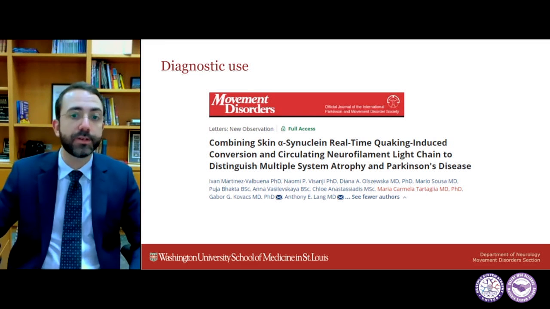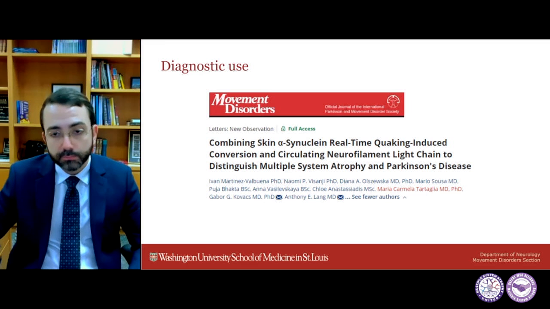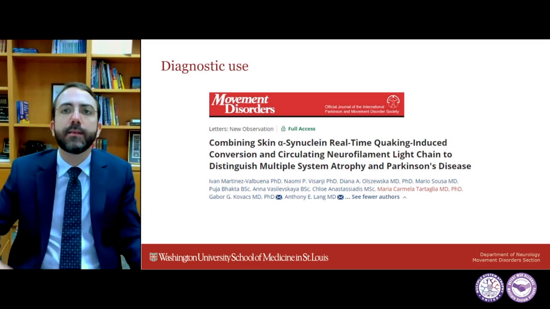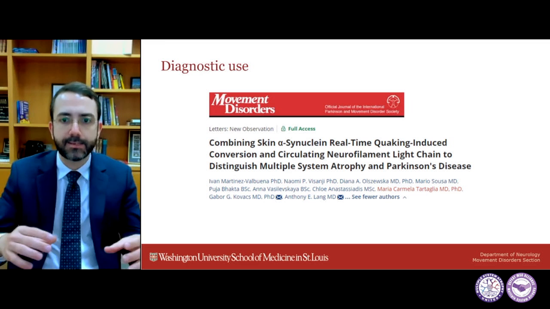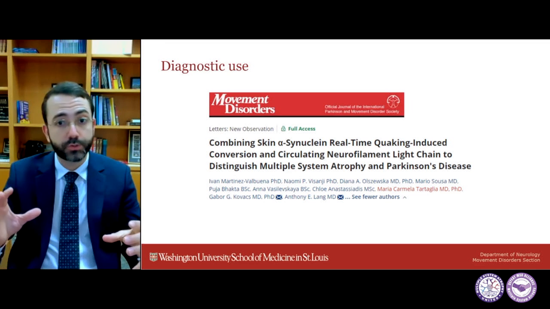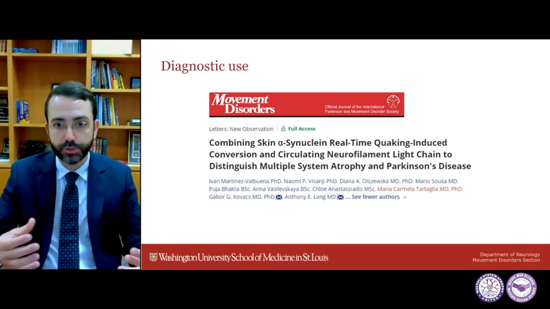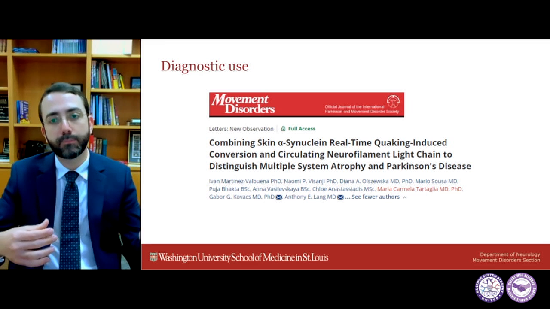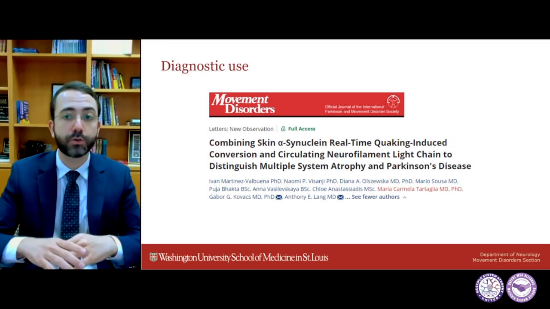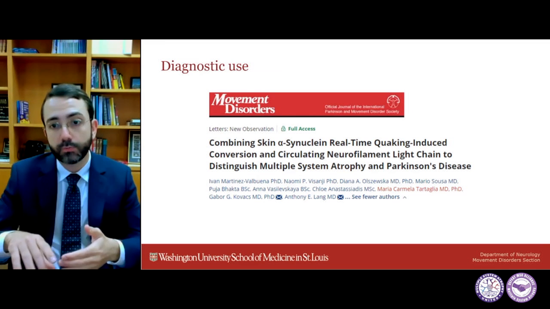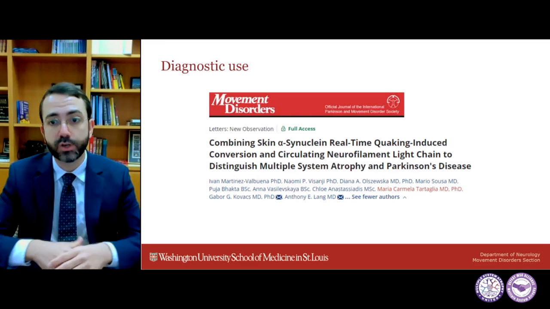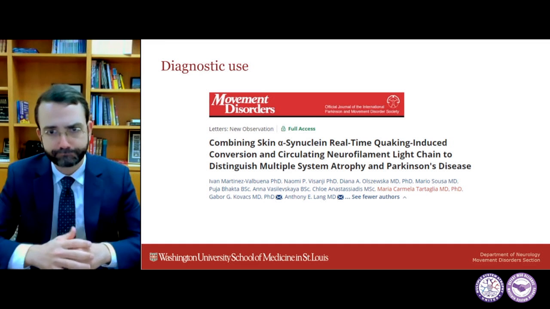For instance, the main one now is the RT-QuIC, or the seeding assays for alpha-synuclein. And we know that these assays can allow us to differentiate between alpha-synucleinopathies, so those conditions that accumulate alpha-synuclein, like Parkinson's disease, multiple system atrophy, and dementia with Lewy bodies, compared to those that do not accumulate alpha-synuclein, like progressive supranuclear palsy and corticobasal degeneration, among others.